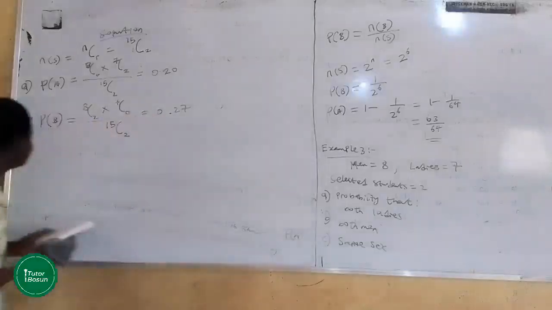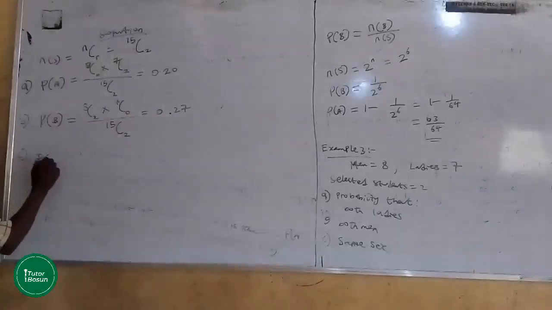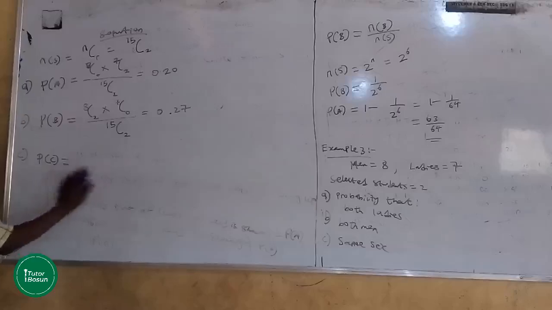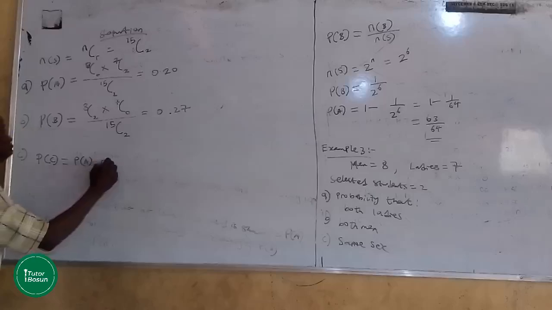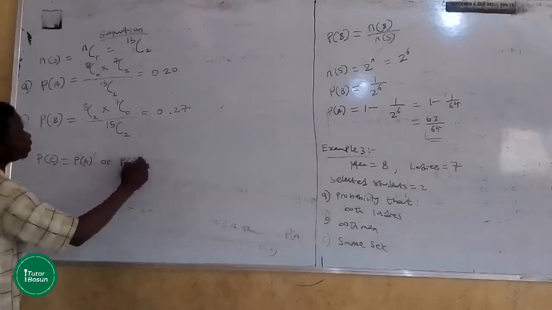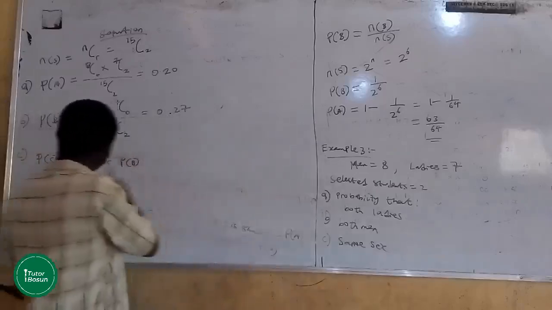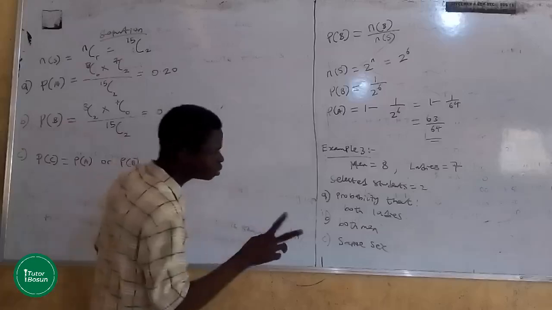So let's represent that as probability of C. That will definitely be the probability of A or the probability of B, that is, either both ladies or both men.